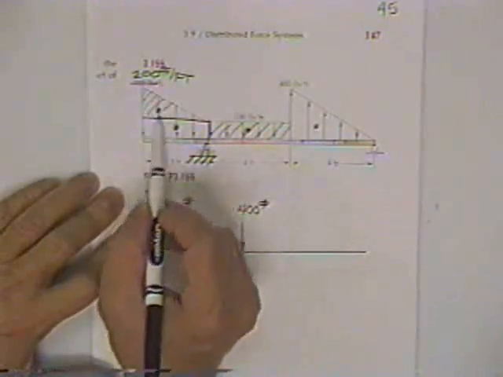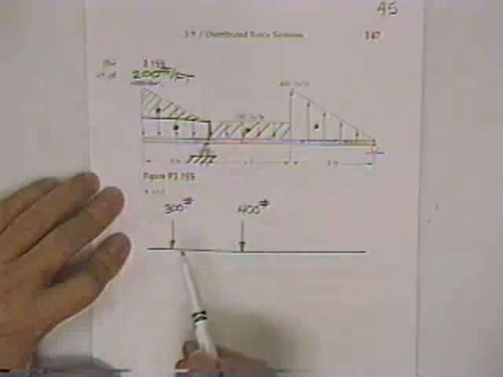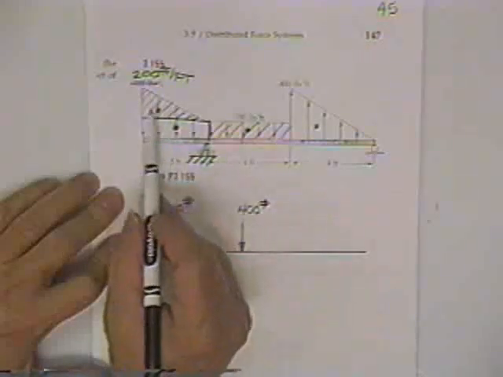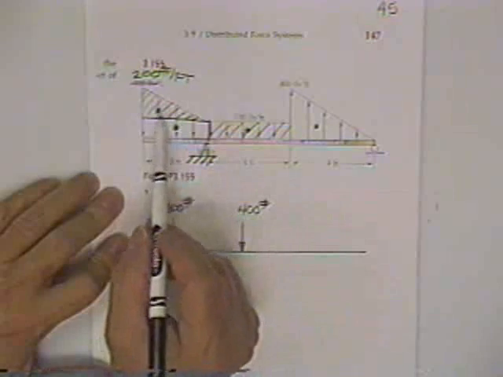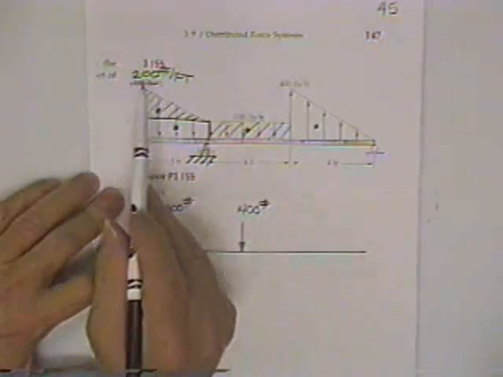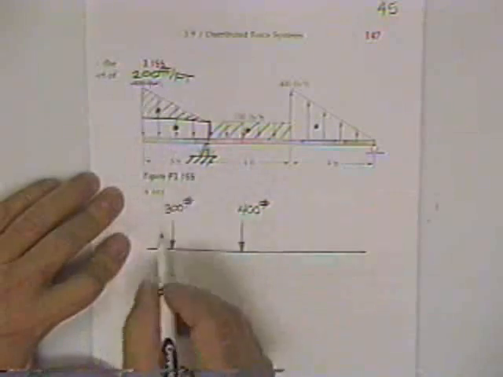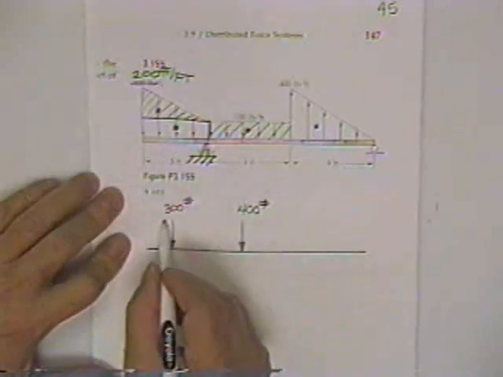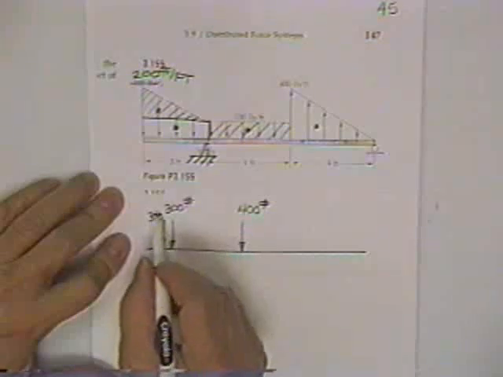The area of a triangle is 1/2 base times height. So for how much load is under this figure, we'll take 1/2 of 200 times 3. Half of 200 is 100. 100 times 3 is 300 pounds. So there's another 300 pounds. Pretty close to the previous one.